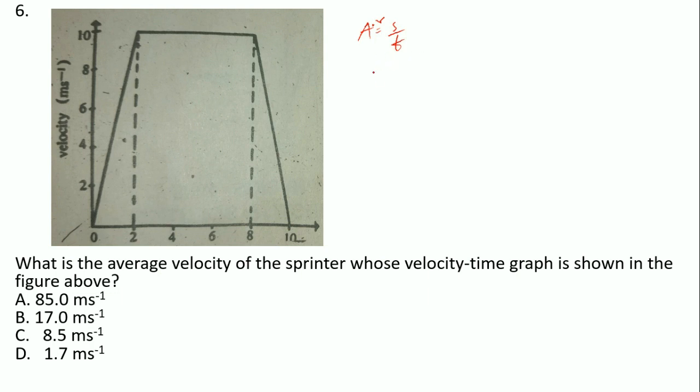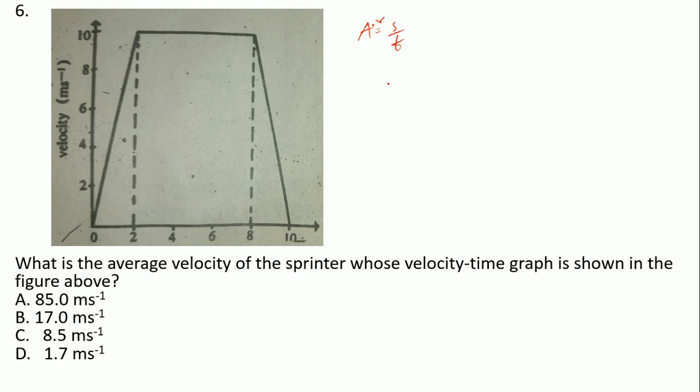So now in this case, since the motion is pretty much in one direction, as you can see, the graph is above the x-axis, that implies it is in one direction. So the displacement and the distance will be the same thing. For us to get the distance, it will be the area under the graph. Once we get that, we'll divide it by time, and then we can figure out our velocity.